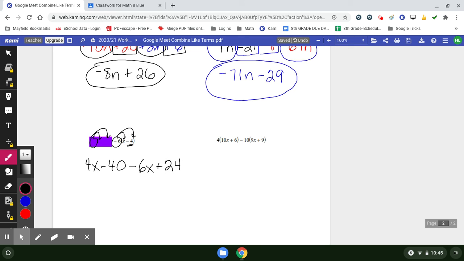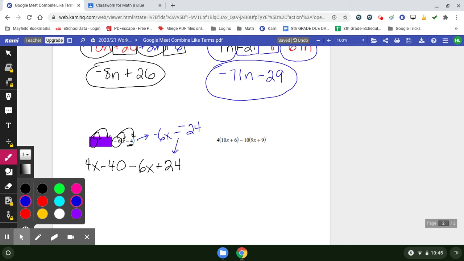So notice I've been combining some steps here. Instead of bringing down minus and then doing -6 times -4, I was combining. So instead of doing -6x, bring down minus -24, I'm skipping that step and going right to there, which you may do.